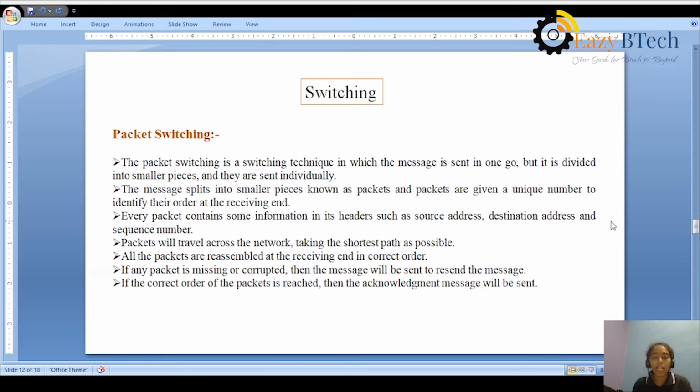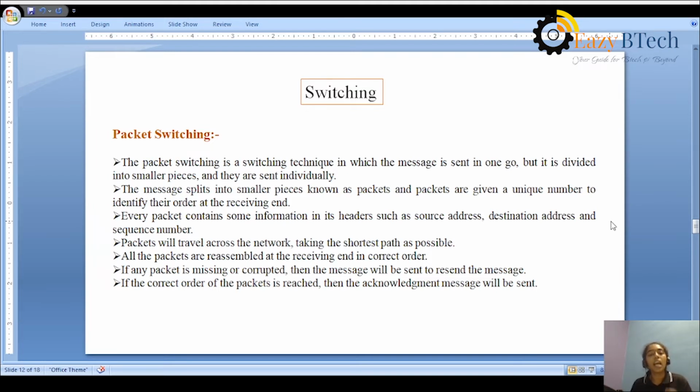Each and every packet maintains one sequence number so that we do not miss the order. If you want that message in one readable format, we have to provide a sequence number or unique number to each and every packet while dividing the message.